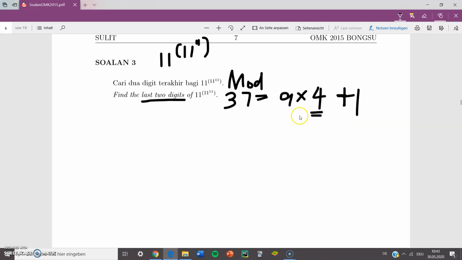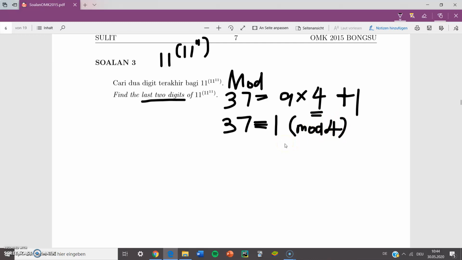We do not need to care about the quotient, only the remainder. So 37 is congruent to 1 mod 4.